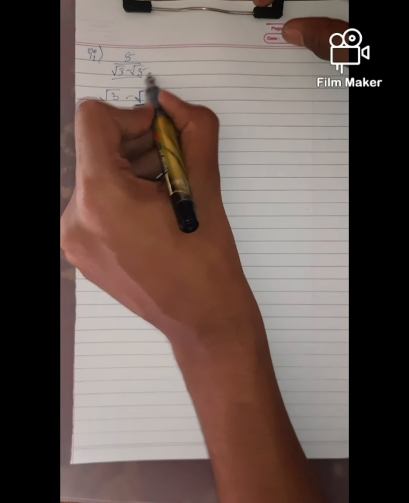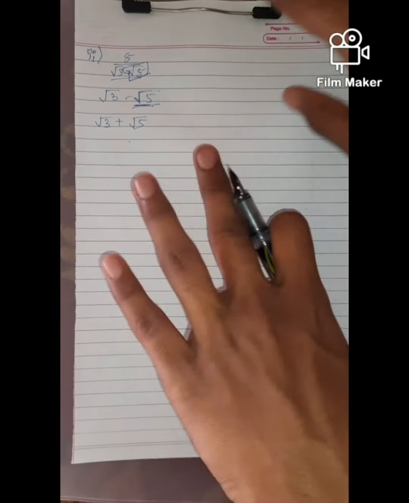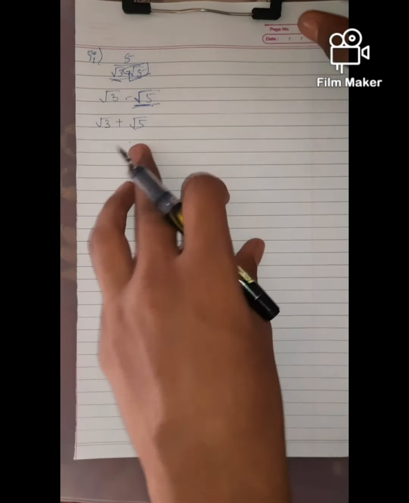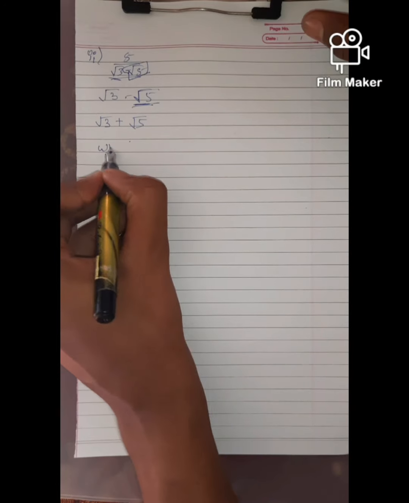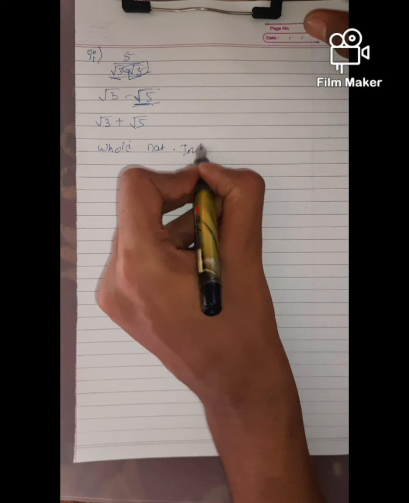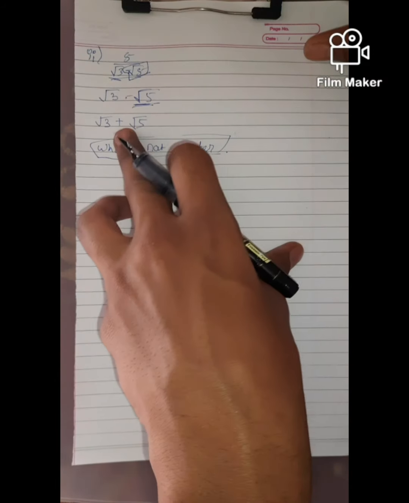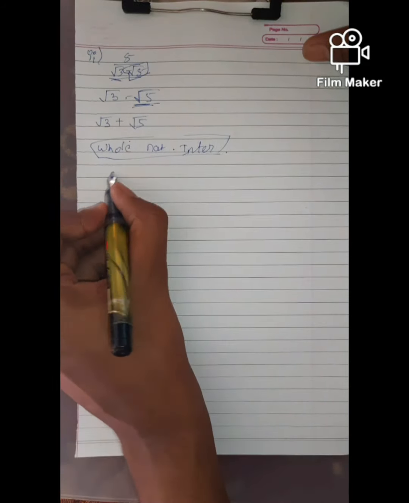Just remember, every time the number which is in the second place, the sign of that number will get changed, so that we get a whole number or a natural number or an integer in the denominator. Okay guys, so for this we multiply by this number in the numerator and denominator.